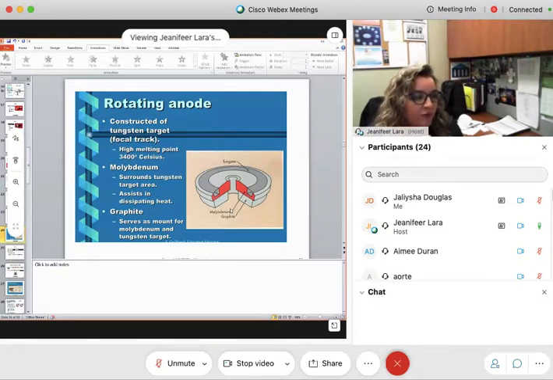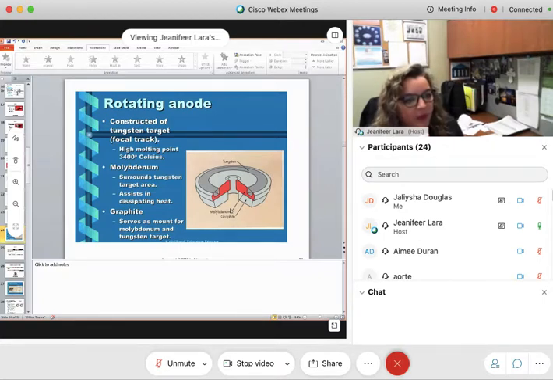So the focal track's purpose is to have a bombardment, a collision of electrons flowing over, only at the focal track, which is made of tungsten and rhenium. Primarily tungsten with a mixture of rhenium. The rest of the disc is molybdenum. The base of the disc is going to be graphite.